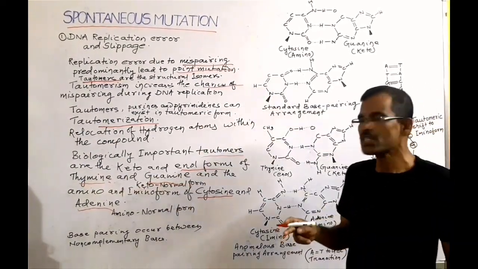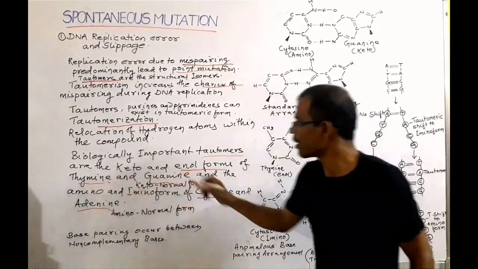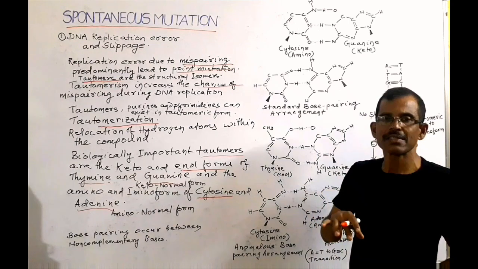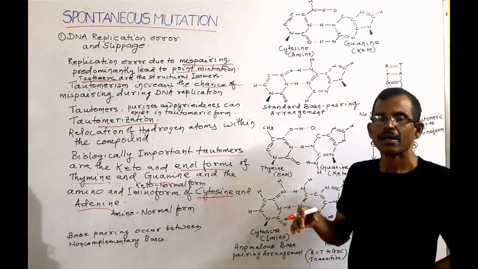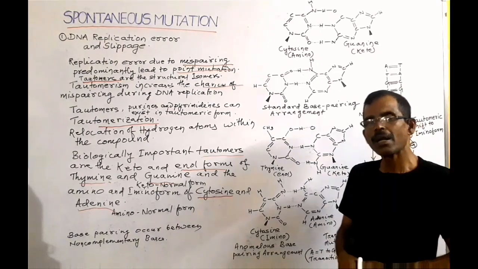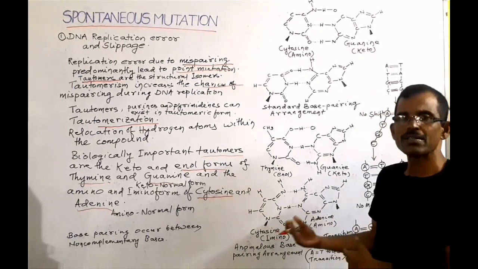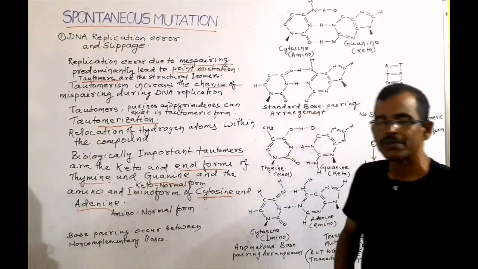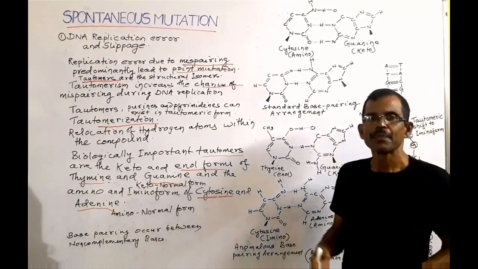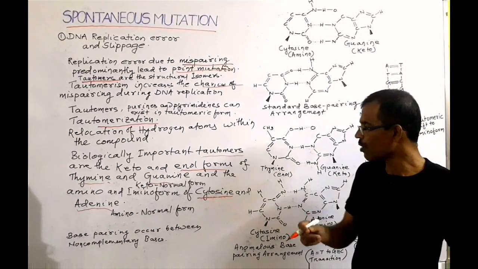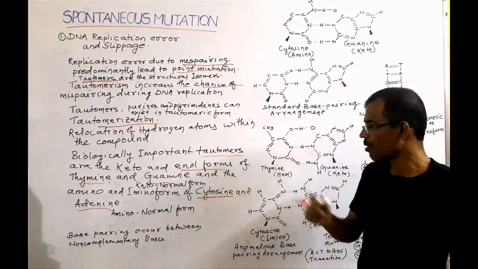The two nitrogenous bases thymine and guanine can exist in keto form as well as in enol form, and keto form is the normal form. Similarly, the other two nitrogenous bases, cytosine and adenine, can exist in amino form and imino form, and amino form is the normal form.